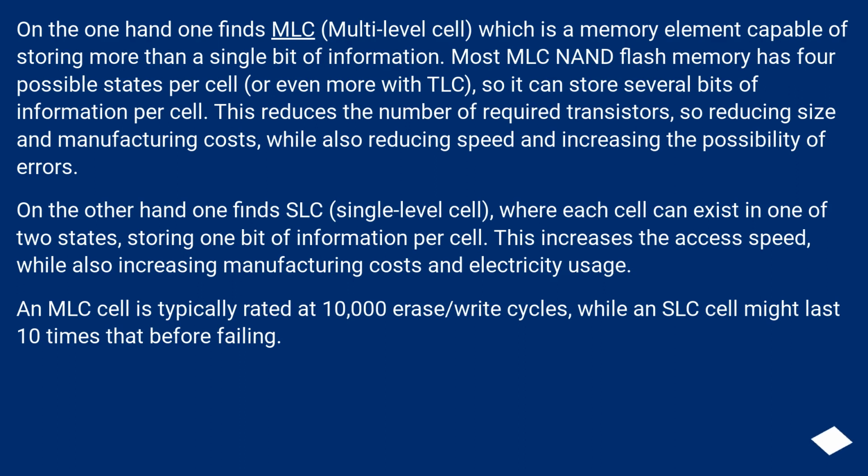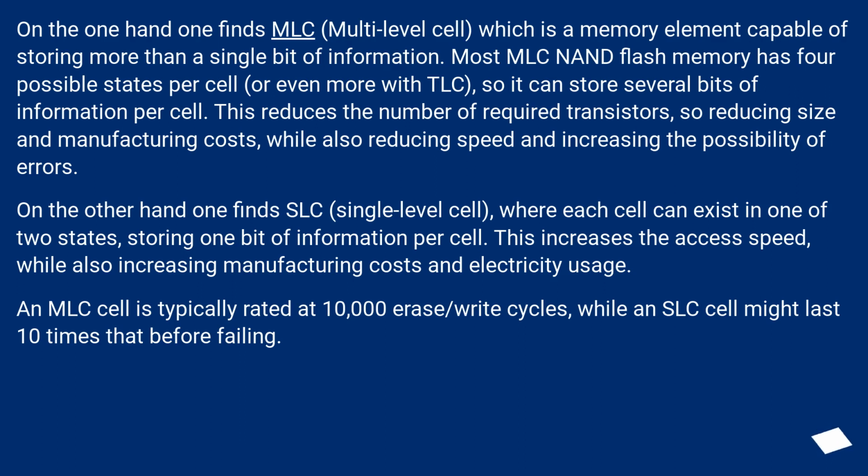This reduces the number of required transistors, so reducing size and manufacturing costs, while also reducing speed and increasing the possibility of errors. On the other hand, one finds SLC, single-level cell, where each cell can exist in one of 2 states, storing 1 bit of information per cell. This increases the access speed, while also increasing manufacturing costs and electricity usage.